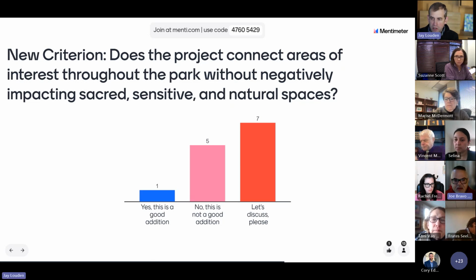I guess, Joe, to read your comment, and, oh, sorry, go ahead. I just, so what areas are sacred? Are they marked somehow, or can anyone define that for themselves by sitting down in an area and saying, you can't go through this area, I find it sacred? Yeah, unfortunately, there's no other real way to determine that. But we're putting it as a criterion to say that we won't do it. Right.